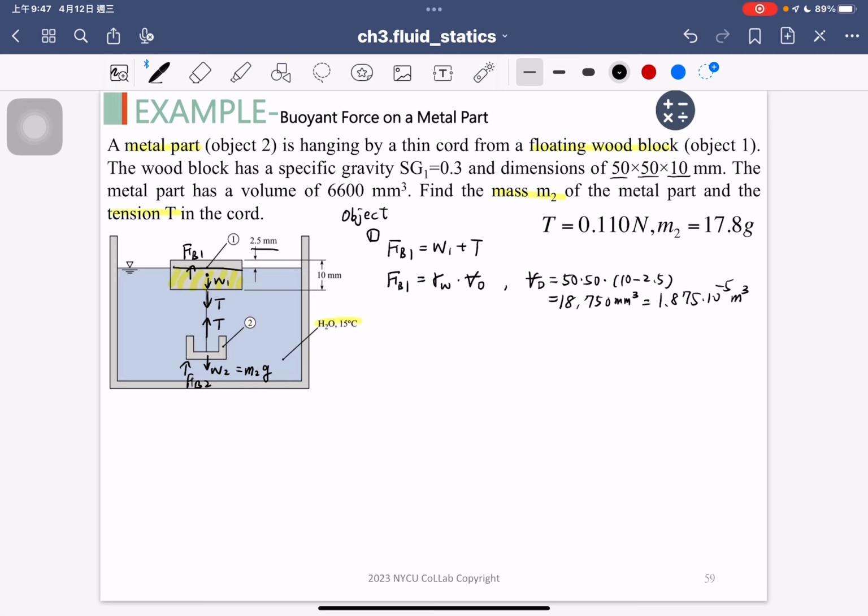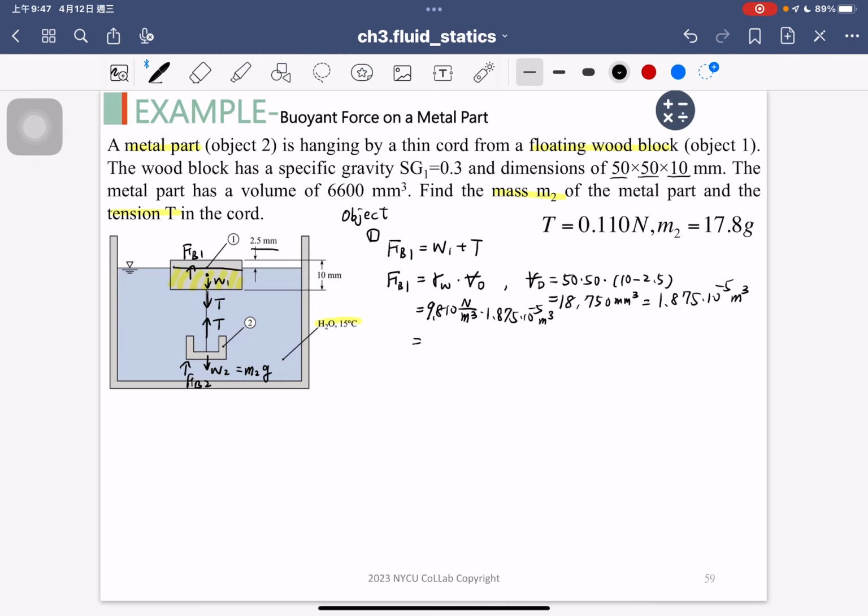Okay, so we can calculate how large the buoyant force is. The gamma W is equal to 9810 Newton per cubic meter, multiplied by the displaced volume, 1.875 times 10 to the minus 5 cubic meters.